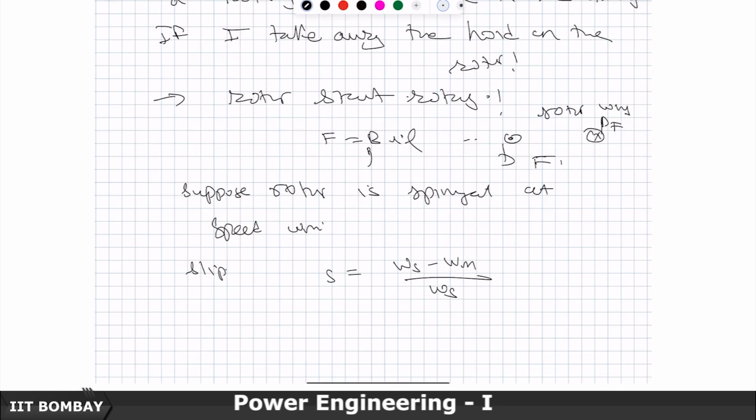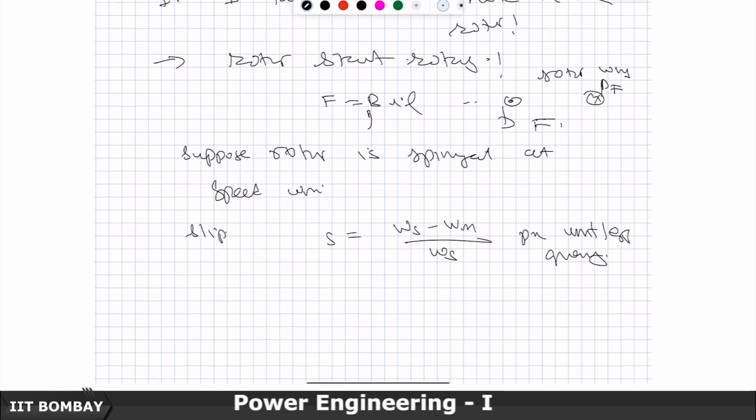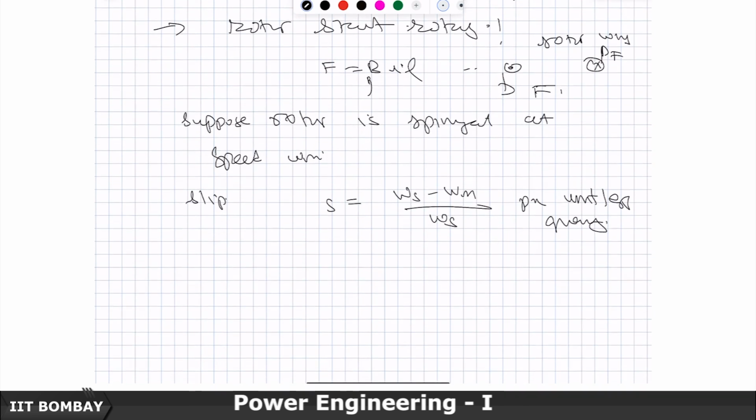This is to say how much the rotor is slipping back with respect to the stator rotating MMF wave. This S, which is a per unit quantity, a unitless quantity, is a measure of how much the rotor is slipping back from the rotational MMF wave of the stator.